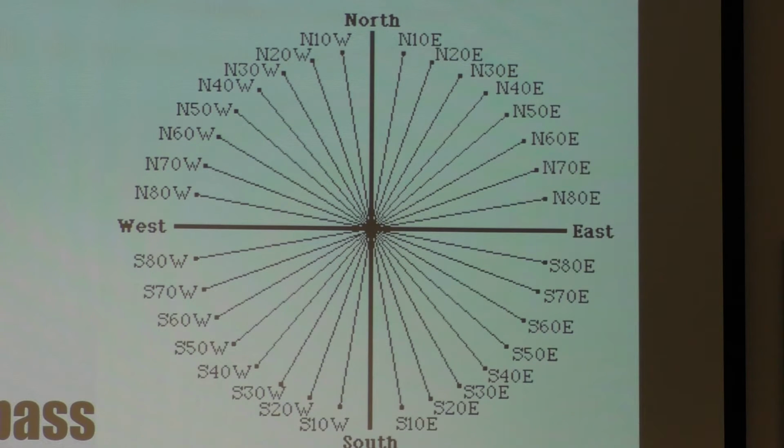So if you have something that sounds confusing like north 20 degrees west, what that means is it's on the north half of the compass, and it's west 20 degrees. The second direction tells you which half, the vertical half, you're in, as opposed to the horizontal half. So the opposite of that would be south 20 degrees east.